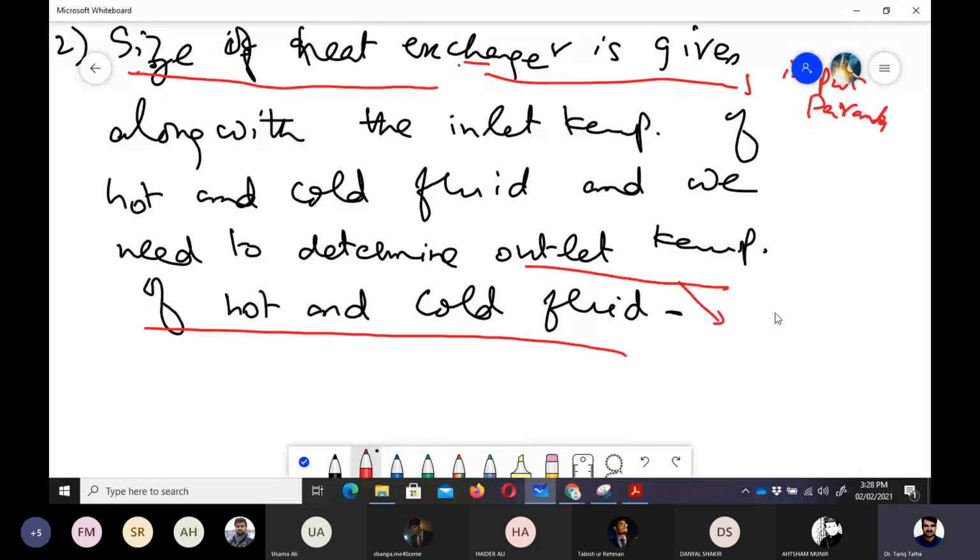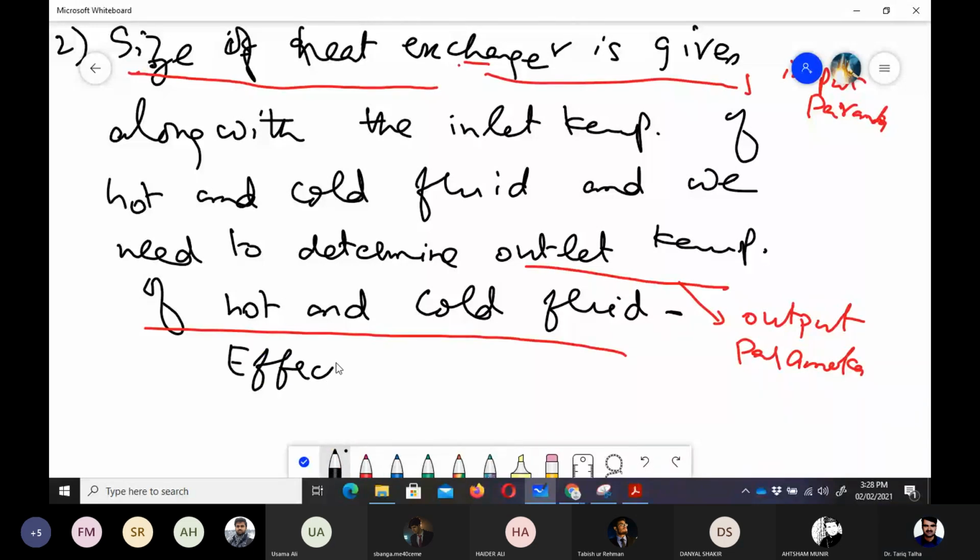So these are the output parameters that we are going to determine, and this is done by the effectiveness-NTU method.